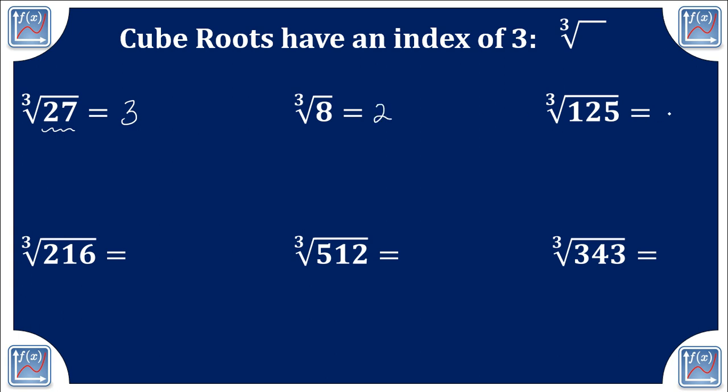The cube root of 125 is 5. The cube root of 216 is going to be 6. The cube root of 512 is going to be 8. And the cube root of 343 is 7.